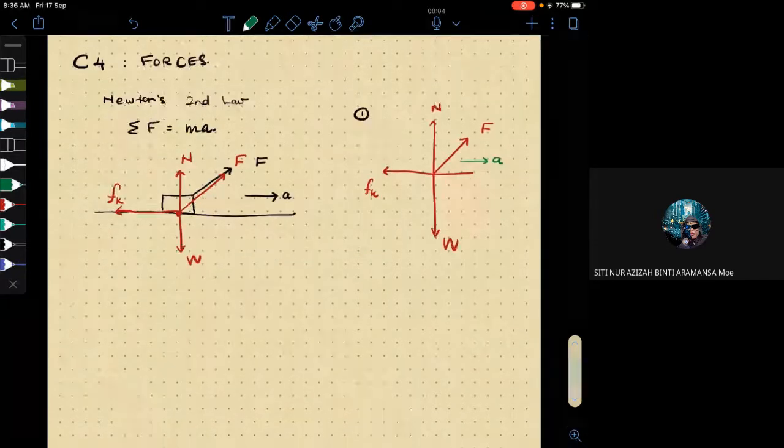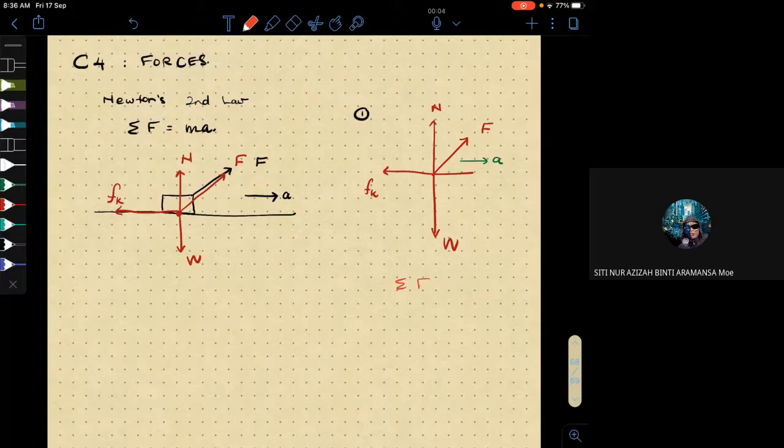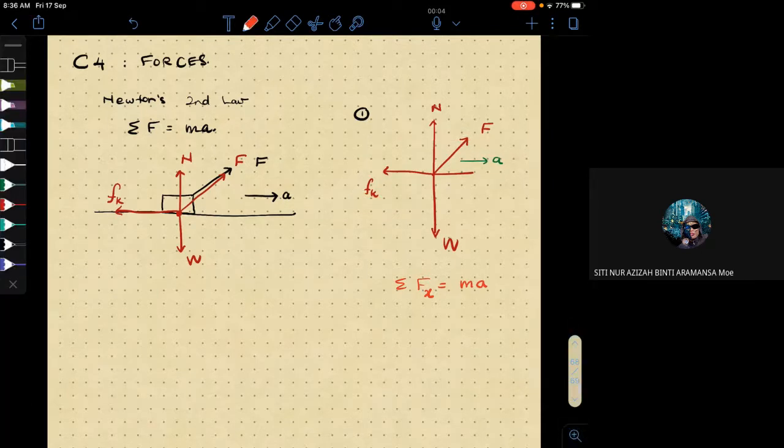Lepas tu kamu punya step jalan kerja adalah untuk draw total force is equals to ma kan. Bila kalau contohlah soalan tanya berapakah nilai force tertentu kan, F, Fk ni kan. So kamu akan mulakan step kamu macam ni kan, total force sama dengan ma. And then kamu tengok acceleration dia ke kanan kan. Kita katalah kita buat dekat X. So we focus on the X component lah. Okay, jadi yang ni macam ni kamu buat ni kan. This one kamu akan resolve dia.